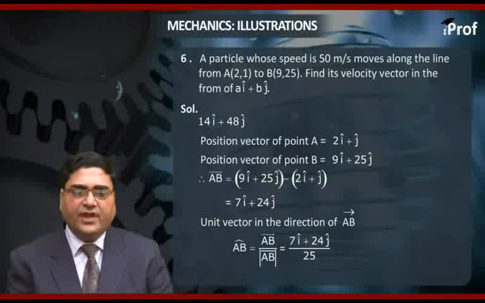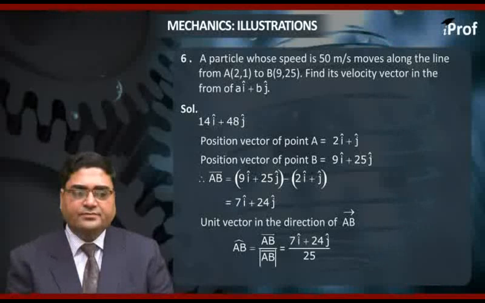therefore, AB vector equals 9 i cap plus 25 j cap minus, in bracket, 2 i cap plus j cap, equals 7 i cap plus 24 j cap.